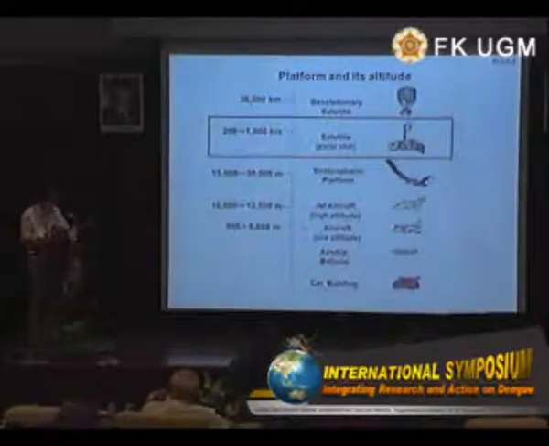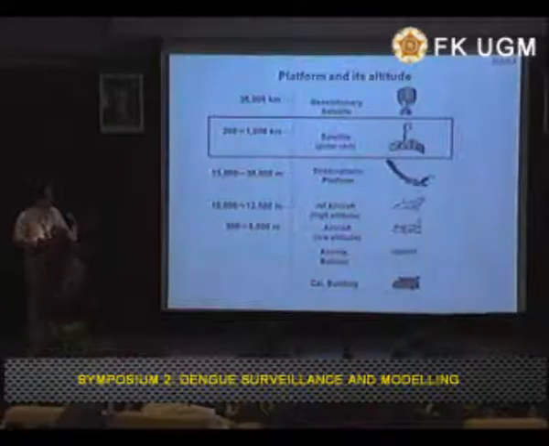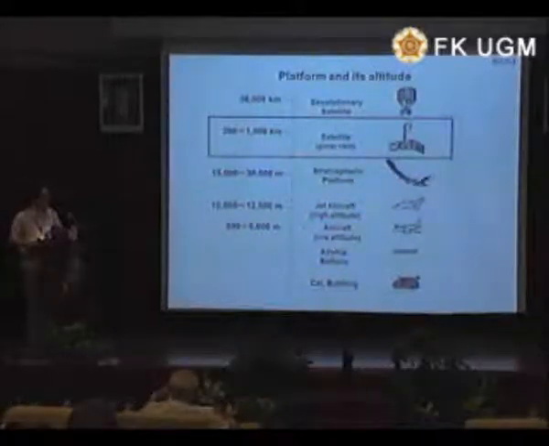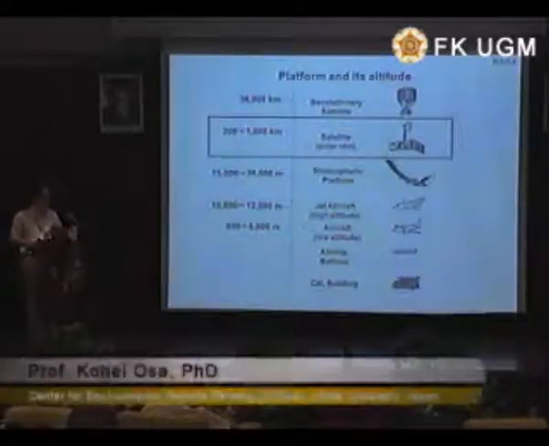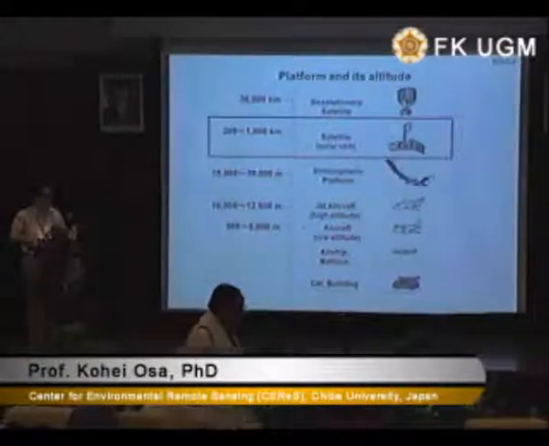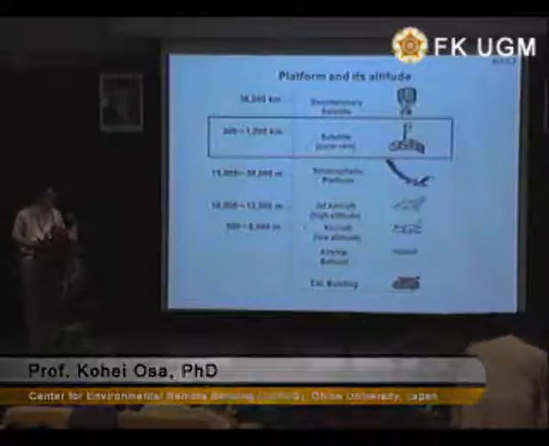There are two kinds of satellite in this picture. This one is a geostationary satellite. The previous picture was taken by this kind of satellite, but in my talk today, I will focus on another kind of satellite, named LEO satellite.